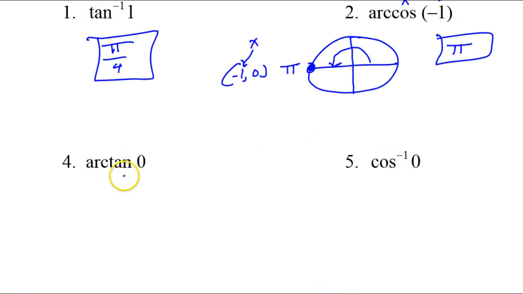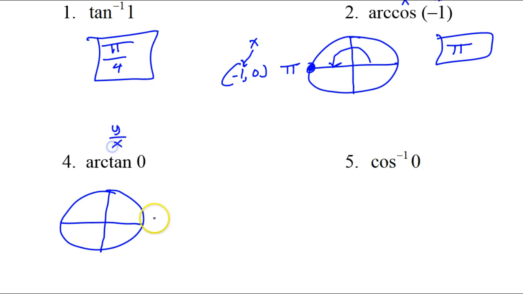Arctangent is an angle. It's the angle whose tangent is 0. So what angle has a tangent of 0? Well, again, I'm looking for quadrantal angles and such. Remember that tangent is y/x.